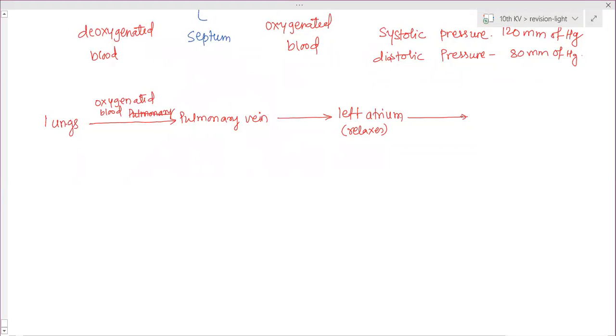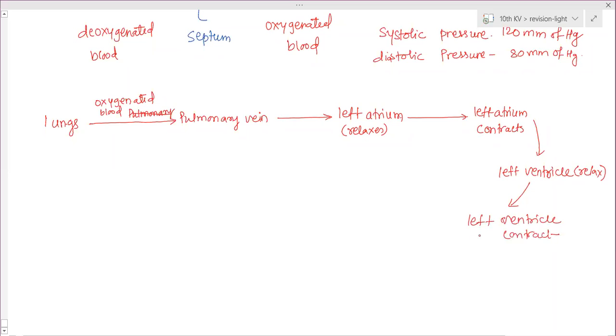Then after that, the atrium contracts, so the blood will enter the left ventricle. At that time, the left ventricle is relaxing. After that, the left ventricle contracts. So it pours blood into the aorta, and the aorta transfers the blood to the cells.